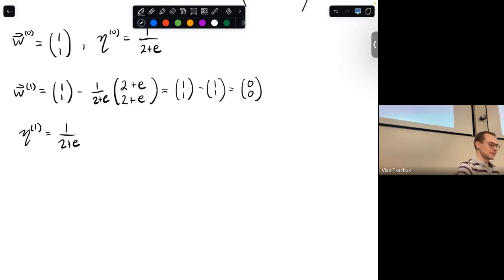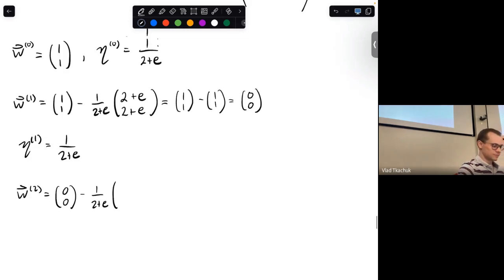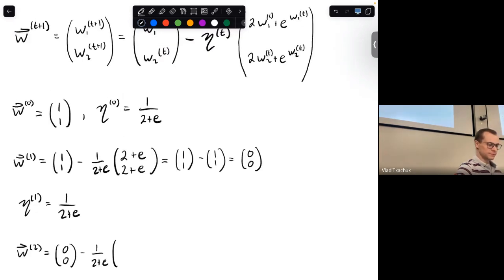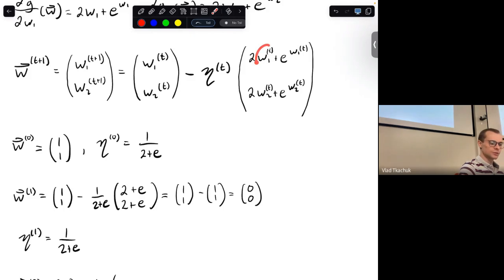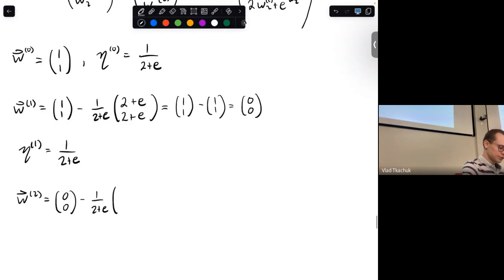Then W2, I don't fully count, but it turns out to be the (0, 0) point minus 1 over 2 plus e, with the corresponding 0 plugged in, so this is 2 times 0 times e to the 0, I believe. So it gives you (1, 1). Okay, so that's what we get. That's going to be our W2.